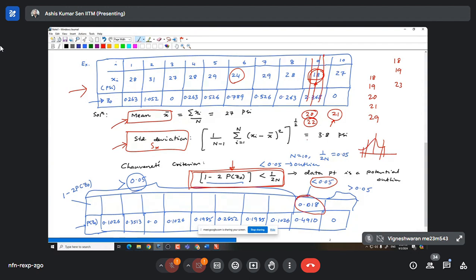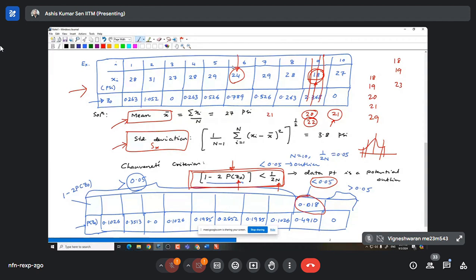When you recalculate the mean and standard deviation, remember that your n is going to change and your z naught is going to change. It may so happen that in the next cycle of calculation, you identify that 24 can be the outlier.